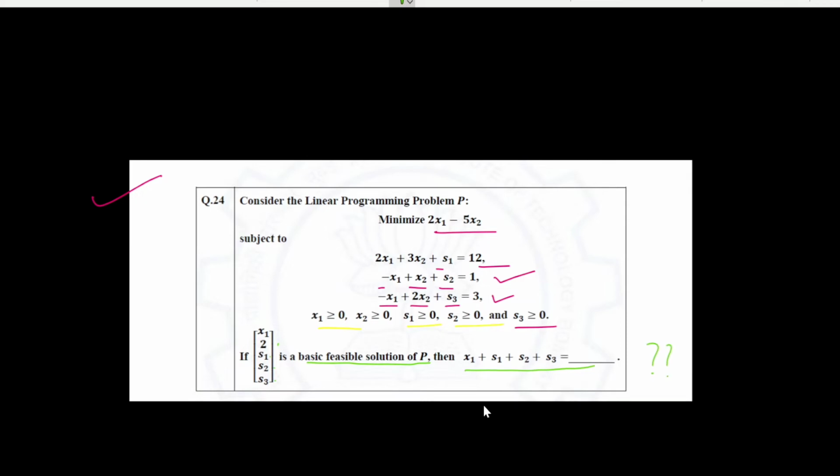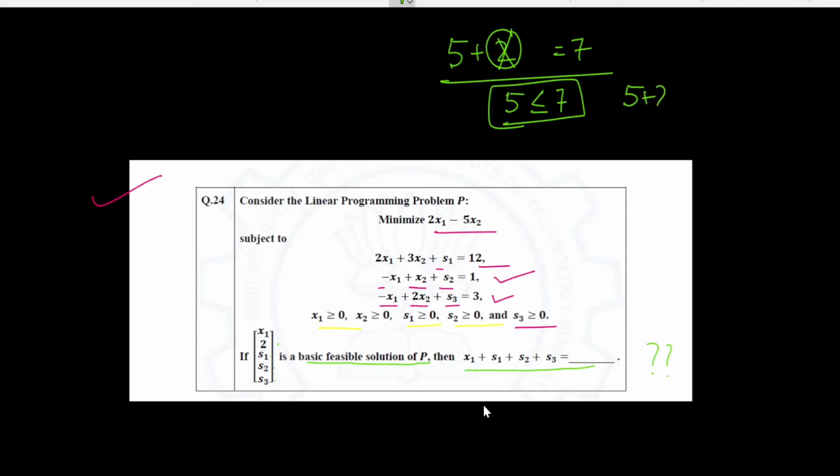This is our problem. First, we note a simple logic: 5 plus 2 is equal to 7. If we drop this 2, then 5 is less than or equal to 7, which satisfies the inequality. And if we add something to 5, that is 2, then it becomes equal to 7.